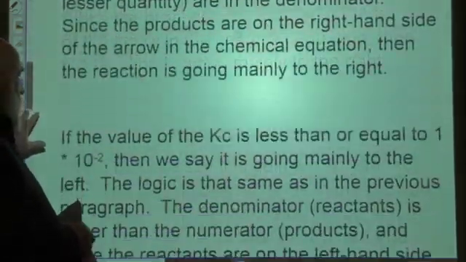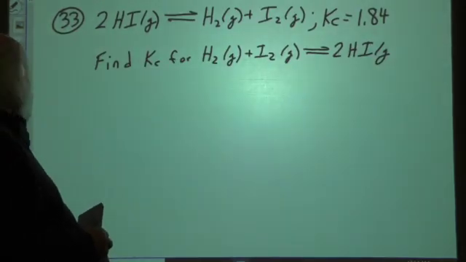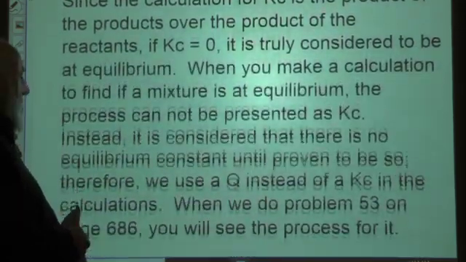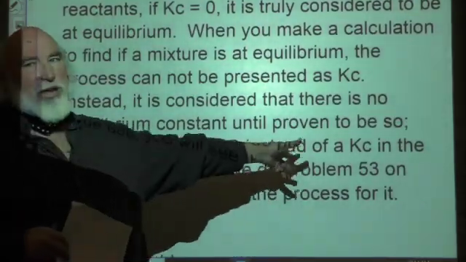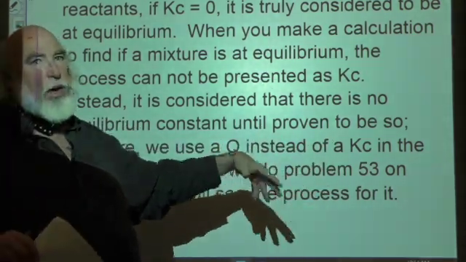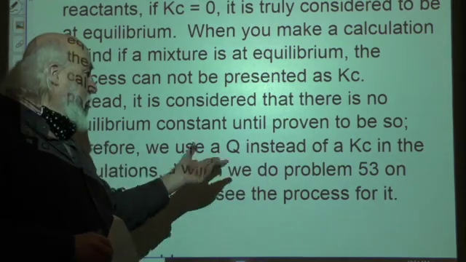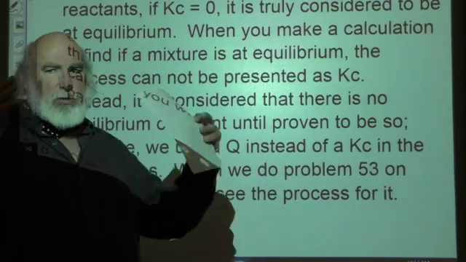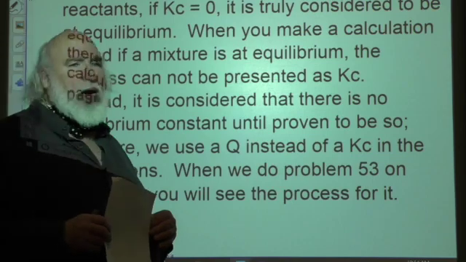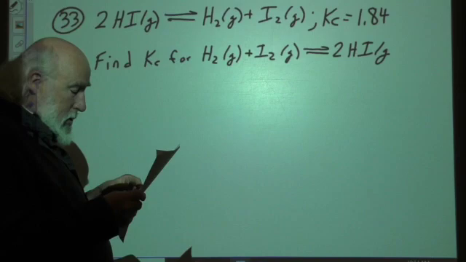We're also going to look at something called a Q value, which is calculated the same way as Kc, but it's a test for whether we are at equilibrium or not, by comparing it to the Kc. So these are all things we're thinking about as we do these practice problems. Let's take a look at some odd number problems in your book.